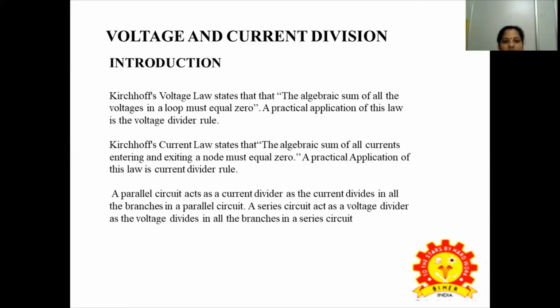Kirchhoff's current law states that the algebraic sum of all currents entering and exiting a node must equal 0. The practical application of this law is the current divider rule. A parallel circuit acts as a current divider, as the current divides among all branches in a parallel circuit. A series circuit acts as a voltage divider, as the voltage divides across all elements in the series circuit.